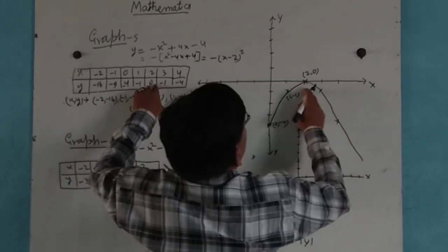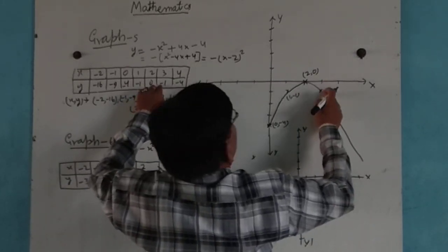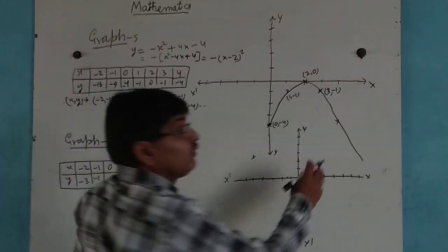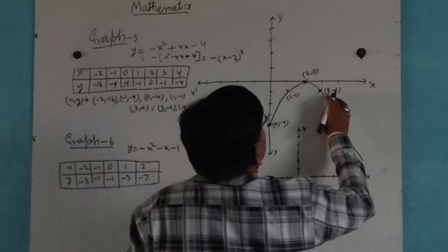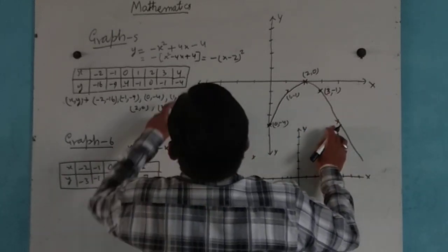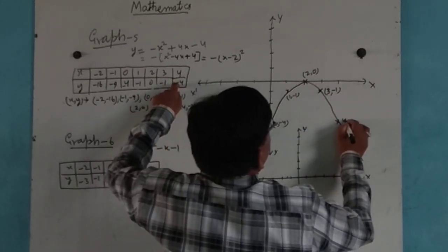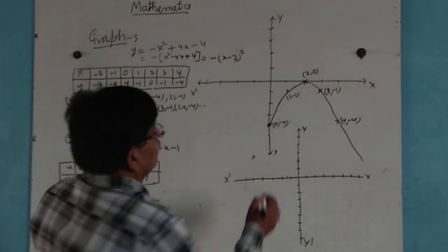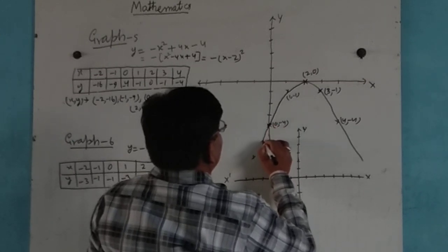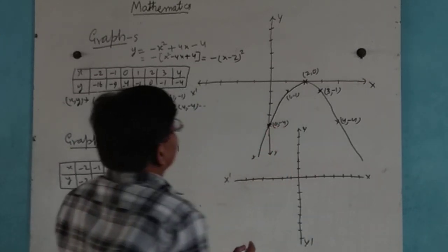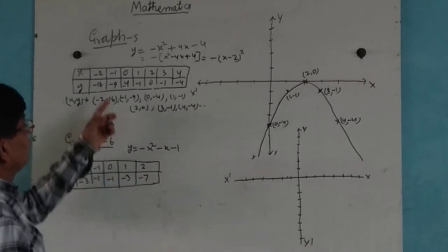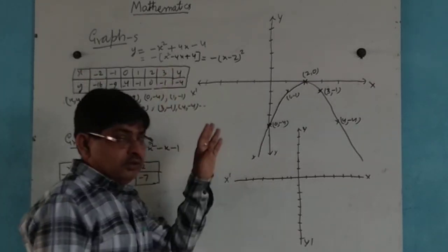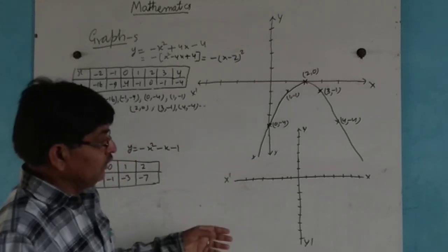This point is 3, minus 1, and this point 4, minus 4. Now we get that this is also passing through, because minus 1, 9, minus 2, minus 16.